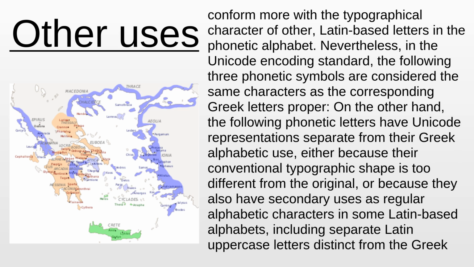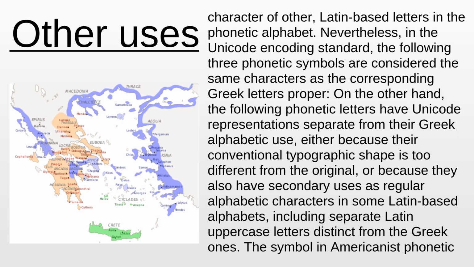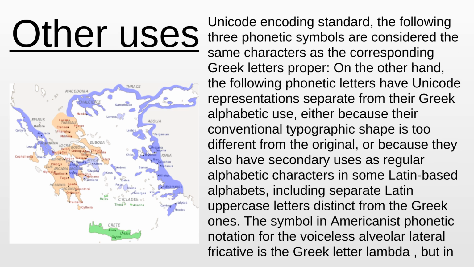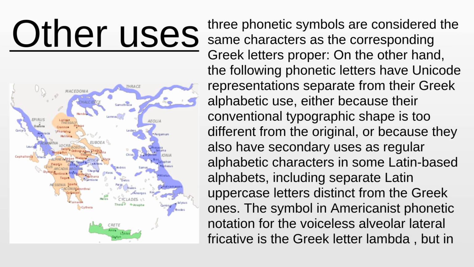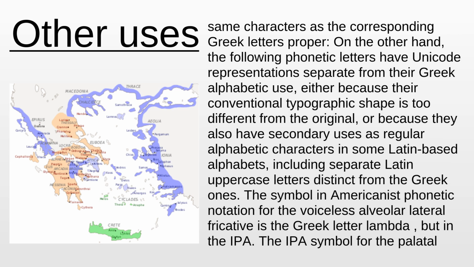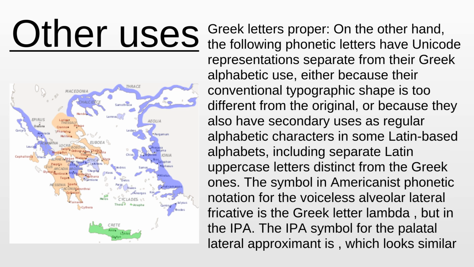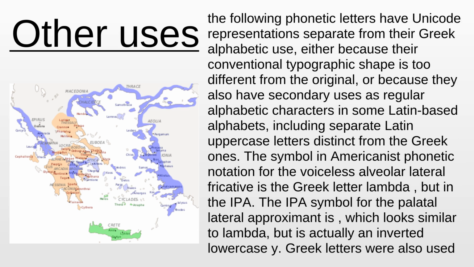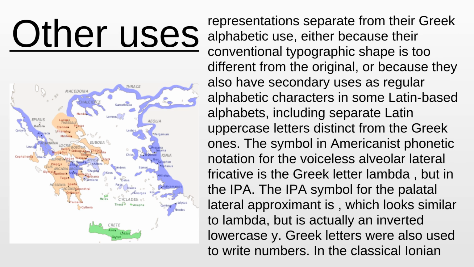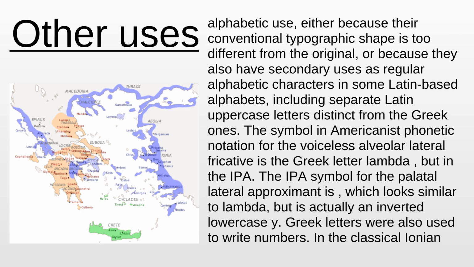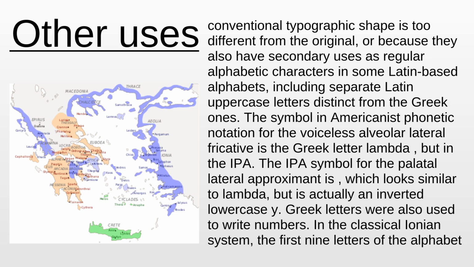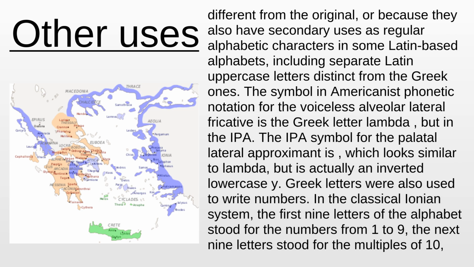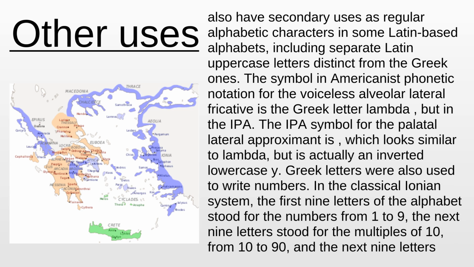Nevertheless, in the Unicode encoding standard, the following three phonetic symbols are considered the same characters as the corresponding Greek letters proper. On the other hand, the following phonetic letters have Unicode representations separate from their Greek alphabetic use, either because their conventional typographic shape is too different from the original, or because they also have secondary uses as regular alphabetic characters in some Latin-based alphabets, including separate Latin uppercase letters distinct from the Greek ones.